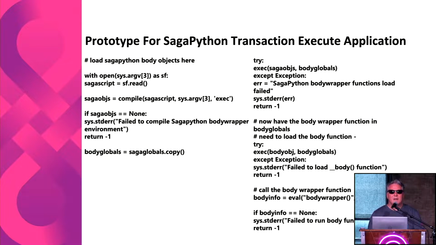So in the example source code, which is online, there's a prototype showing how the transaction script is actually executed, and how those separate functions, the header, the body, and the tail, are executed. What this is, I excerpted a few pieces out of it to just be able to walk through what it actually does.